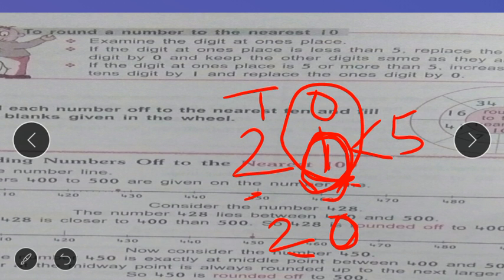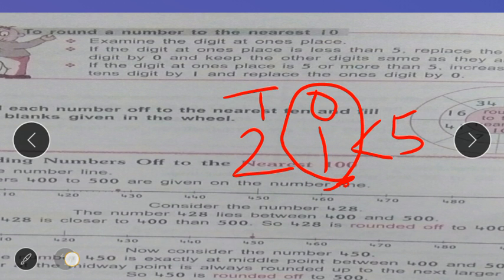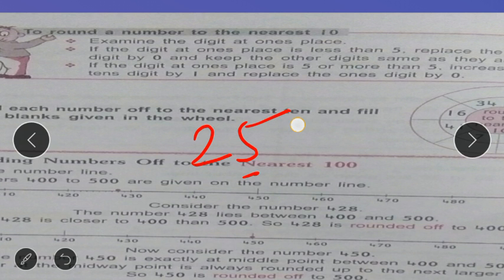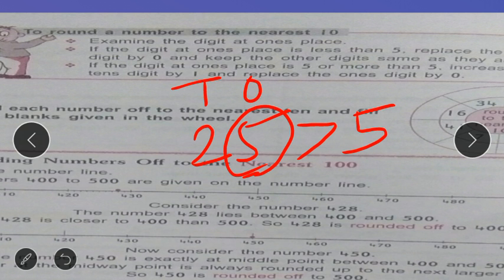But in case it is a different example, like I explained just now, that previous question is the same way, but there are different ways to find the round of a number. If the number is 25 or more than 25, like this digit is 5 or more than 5, this is ones place, this is tens place. More than 5 is what? 6 also, 7 it can be, 8 it can be.